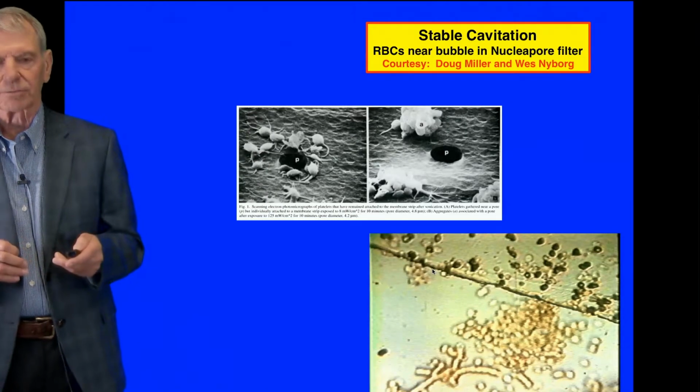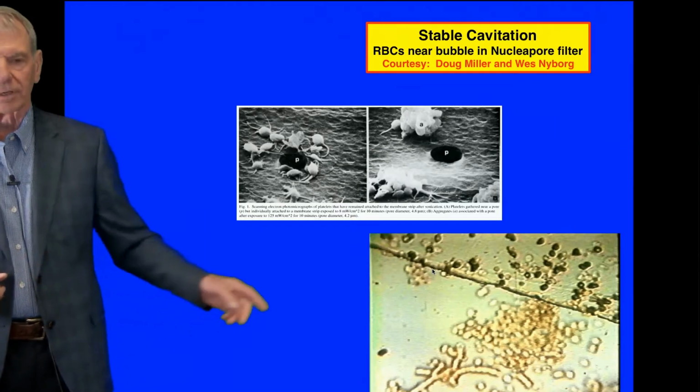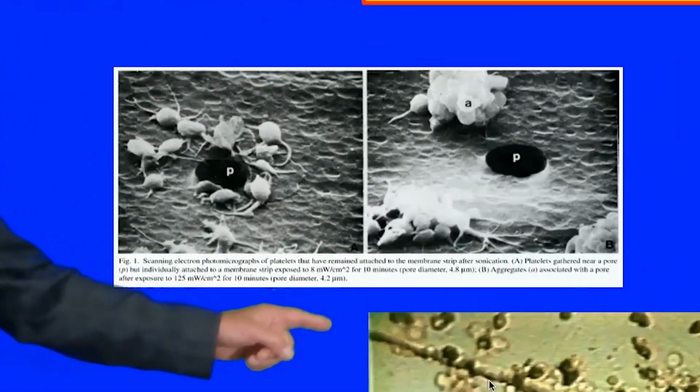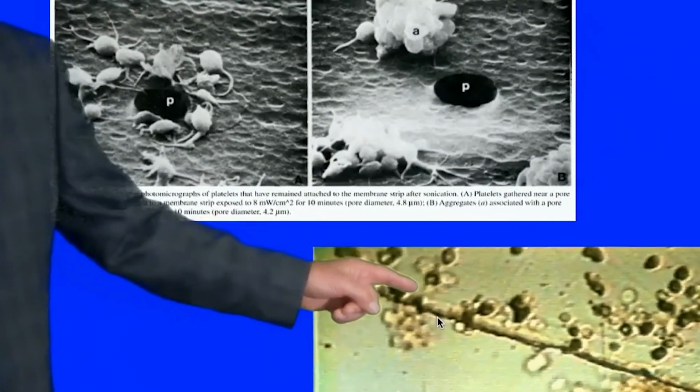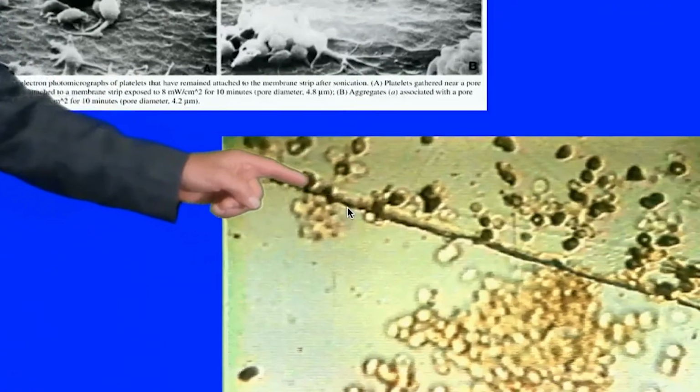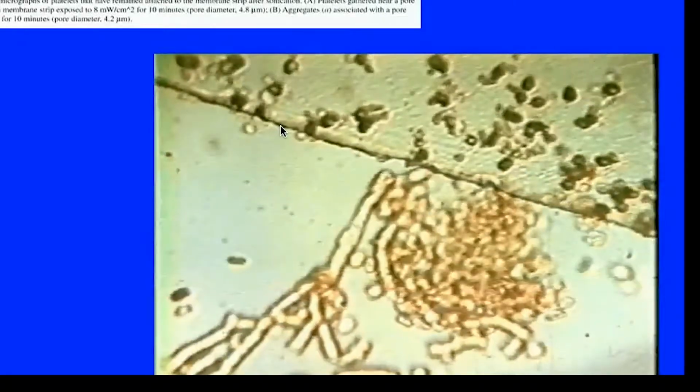So here's a case where bubbles were introduced in a millipore filter. So there are holes in this millipore filter, and those holes are filled with gas, and then an acoustic field is applied, and you see the bubble, if this is a pulsating field, causes acoustic streaming around the outside, and the red blood cells in this streaming field are sheared, and one can see here that you can actually cause clotting.